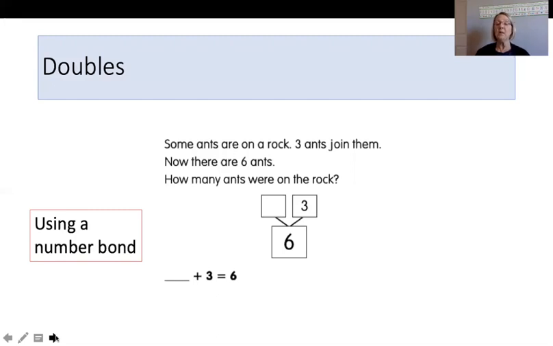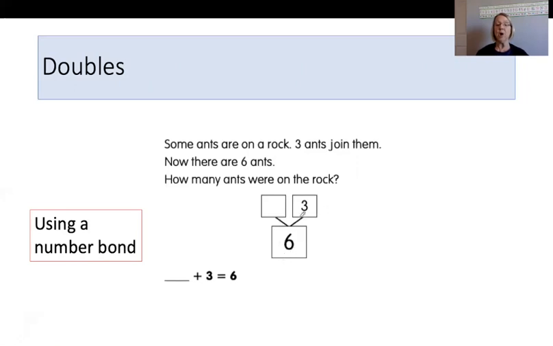All right, this is where we're using a number bond to talk about doubles. Let's read the word problem. Some ants are on a rock. 3 ants join them. Now there are 6 ants. How many ants were on the rock? Well, first of all, we're talking about ants, and we're saying there were some ants on a rock. We're also saying that the total of the ants, or the whole, is 6.